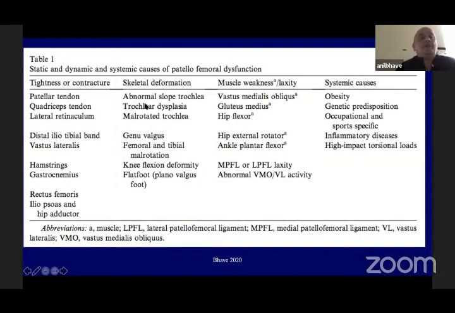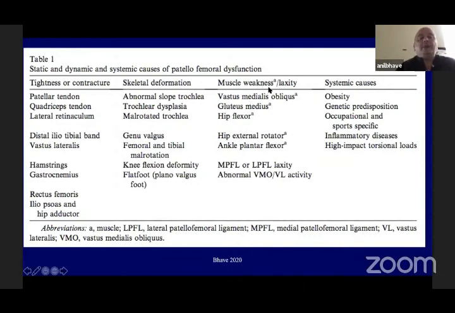Then the skeletal factors: abnormal slope or trochlear dysplasia, malrotated trochlea, genu valgus, femoral-tibial malrotation. Some people even call it "miserable malalignment" or malrotation because the femur is internal, the tibia is external, the foot is neutral, but you have a tremendous impact on your patellofemoral as well as your knee joint. Knee flexion deformity and flat foot or planovalgus foot, which rotates the tibia out.